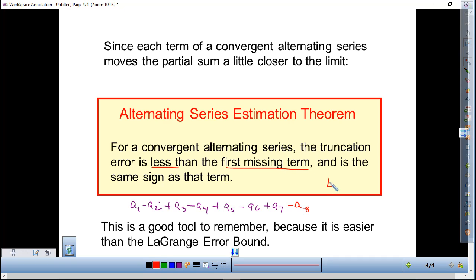So our error is going to be less than negative a sub 8, and the same sign as that term. In other words, we're off from the actual value of this thing by an amount that's less than this thing right here.